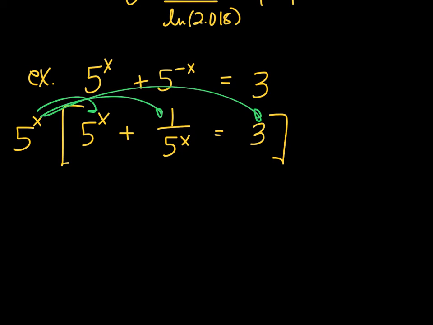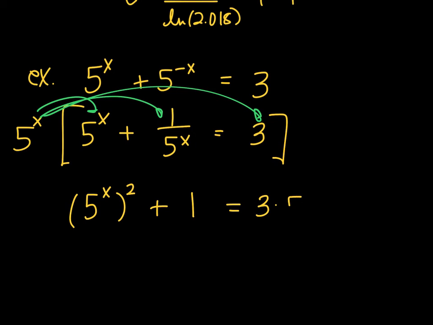So I've got 5 to the x times 5 to the x. What do you call it when something is multiplied by itself? A square. So we now have 5 to the x squared, plus 5 to the x times 1 over 5 to the x. What does that give me? 1.